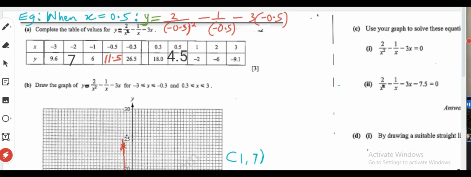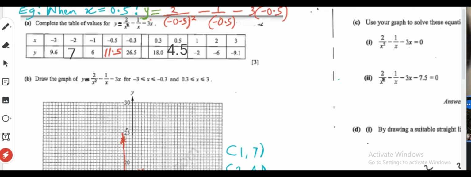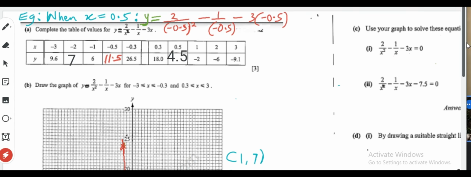Wherever you have x, replace it with minus 0.5. After that, when you press equals, it will give you 11.5.